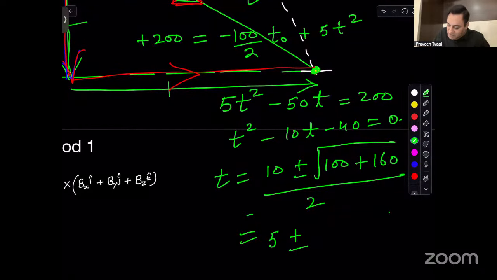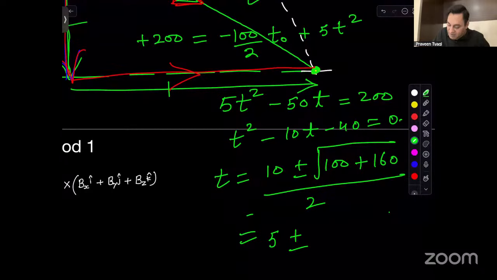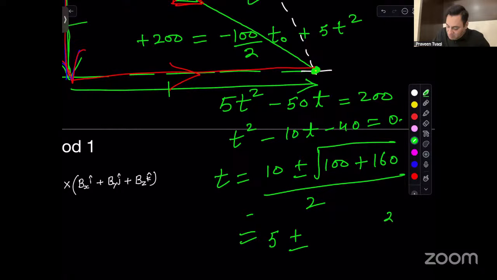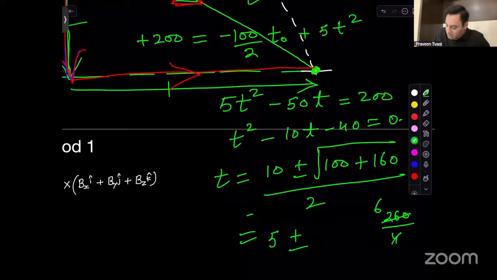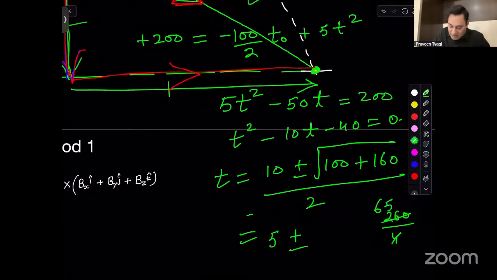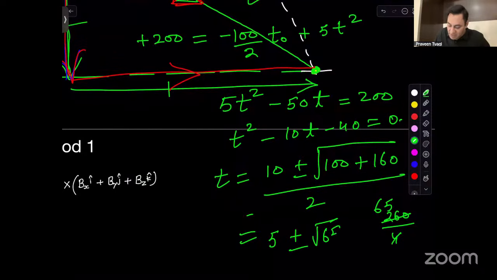Root of 260 can be written as root 65. Yes. Okay, correct. So 5 plus root 65 is the answer.